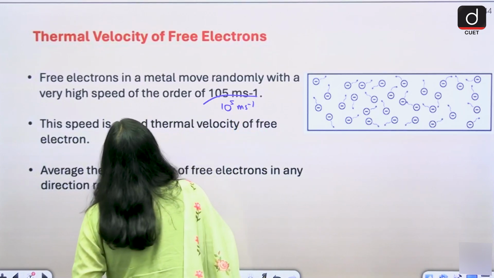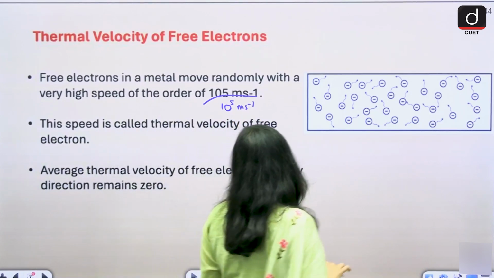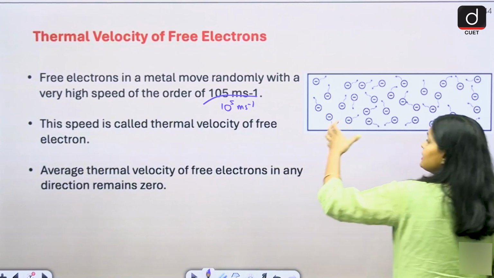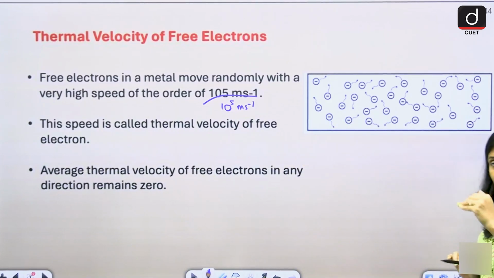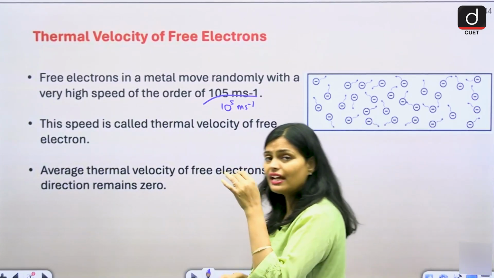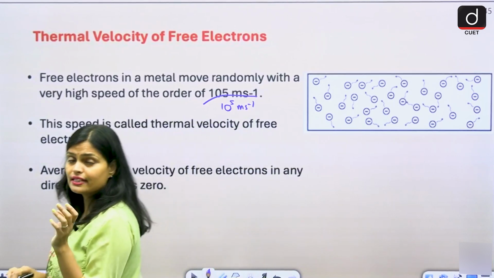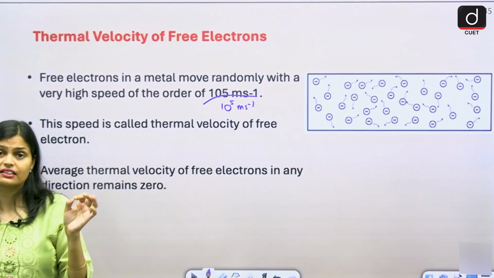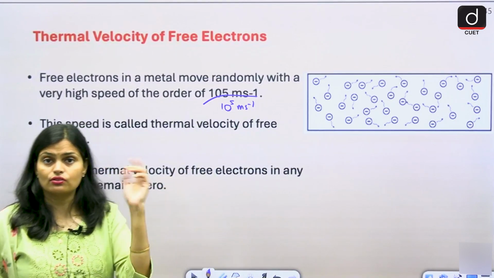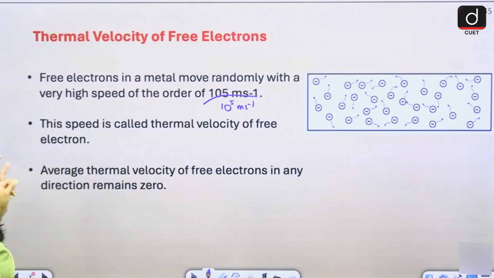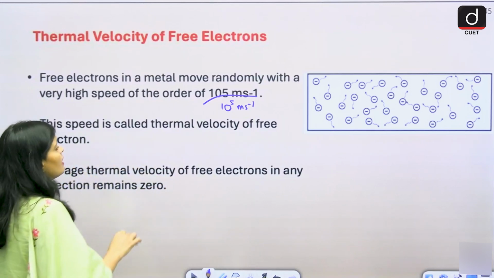When you increase the temperature, the free electrons start moving at a very high speed, 10 to the power 5 meter per second, and this is called the thermal velocity.